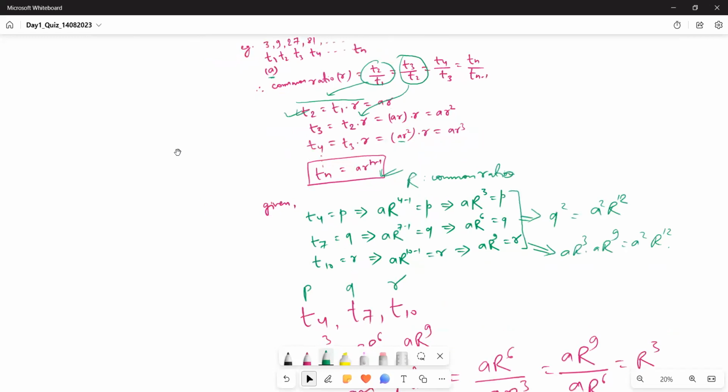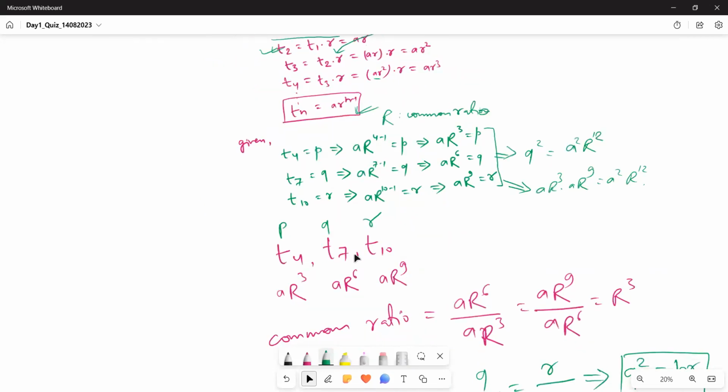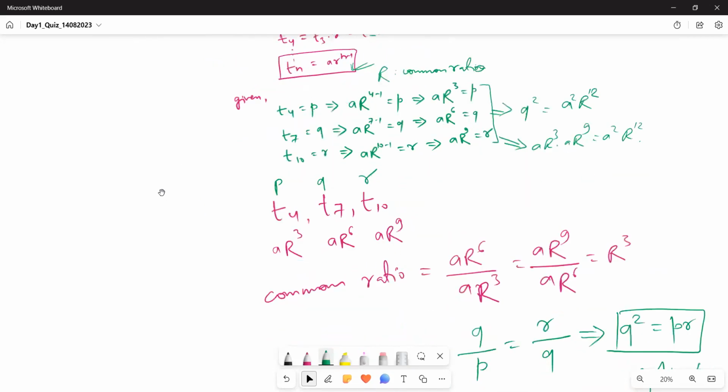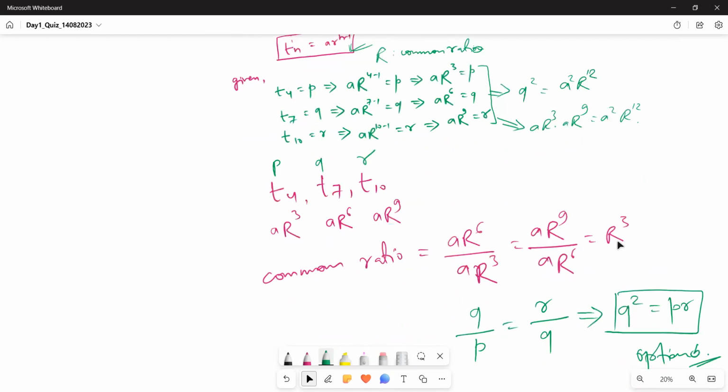The other technique is to observe that for T4, T7 and T10, the common ratio between them is R cubed. So these three are themselves in GP.